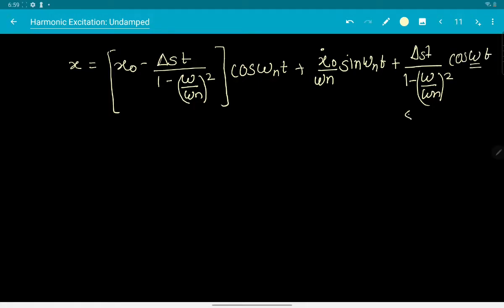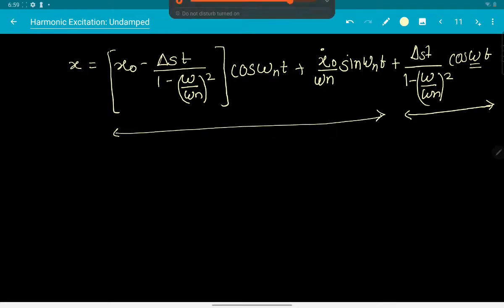As we already discussed, this is the part which comes from the particular integral, and it oscillates with the frequency omega, whereas this is the part which oscillates with the frequency omega n, right?